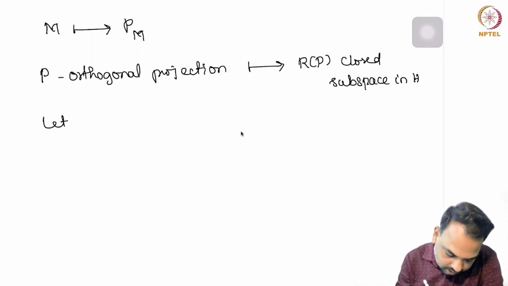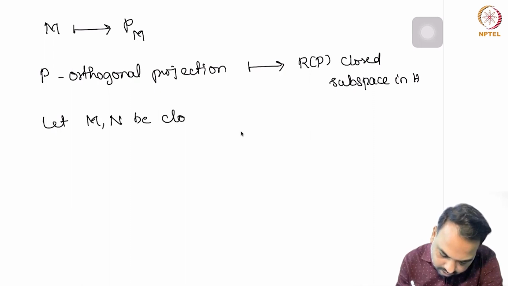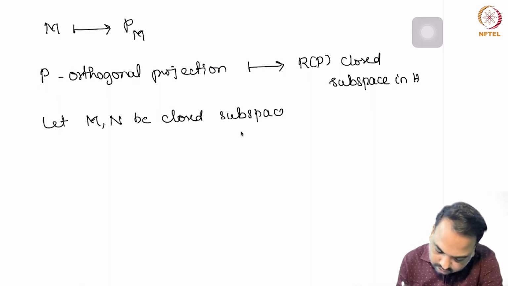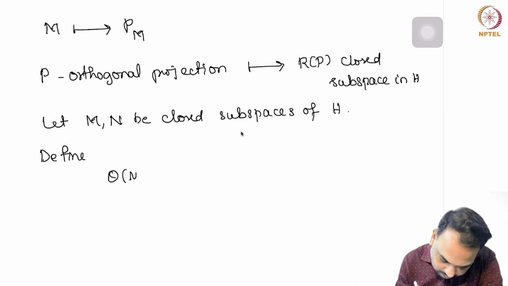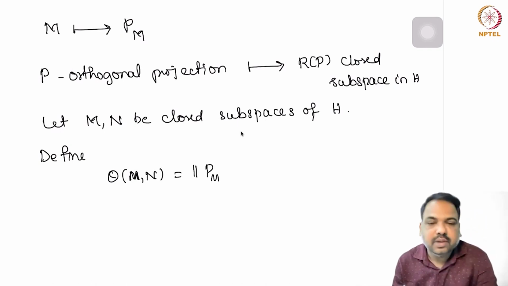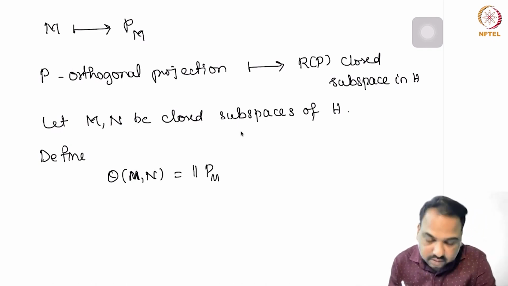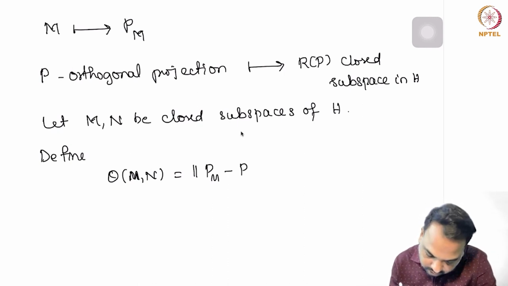So let us take M and N closed subspaces. Define theta(M, N) as the operator norm of the difference of these two projections P_M and P_N.